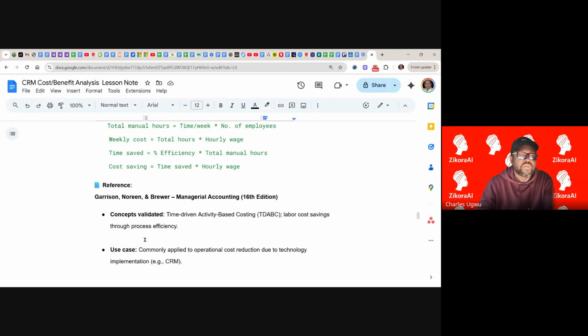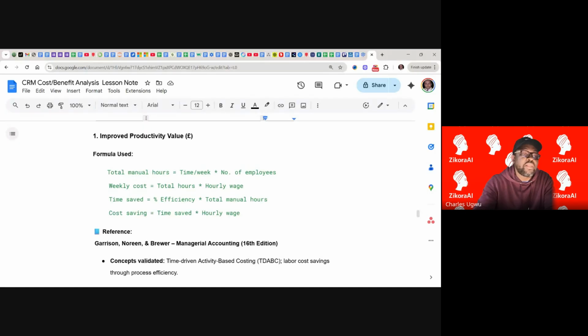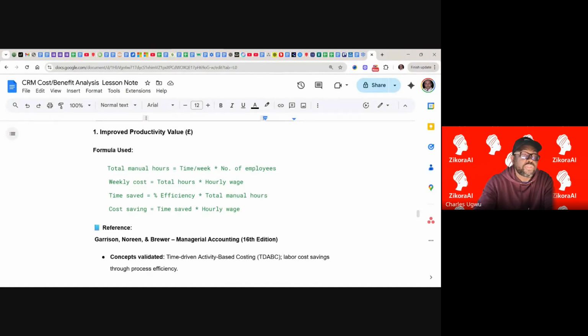You have Garrison and Co., 16th edition. It captured the concept of time-driven, activity-based costing, labor costing savings through process efficiency. So it is validated. It's not just AI theory.